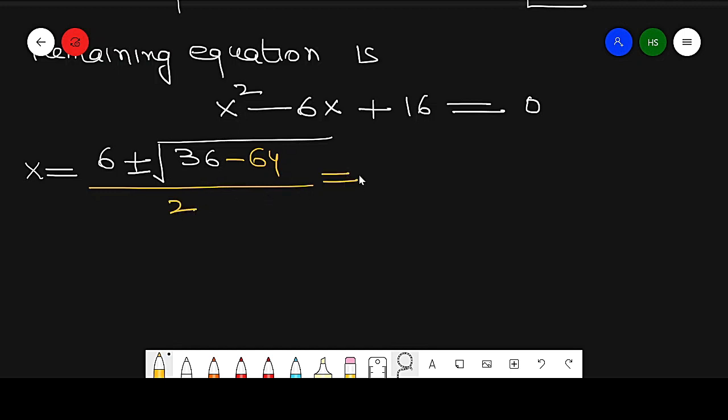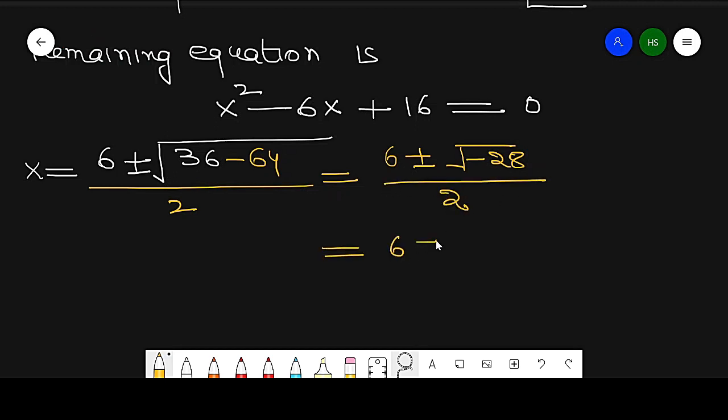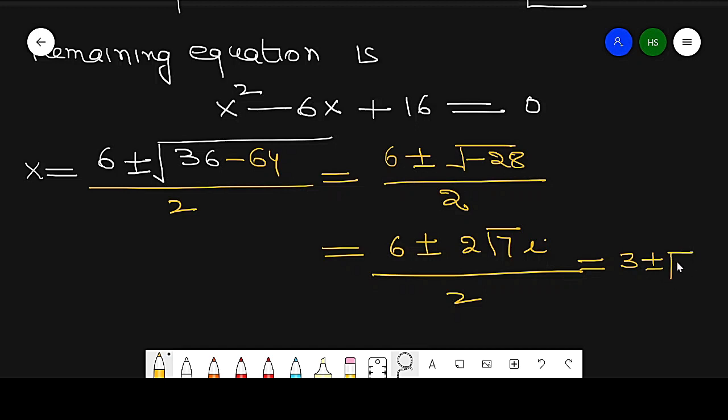So this can be simplified, this is minus 28. So 6 plus minus square root of minus 28 over 2. So this is 6 plus minus 2 square root of 7 iota over 2. So this is equal to 3 plus minus root 7 iota. So these are the remaining two roots.